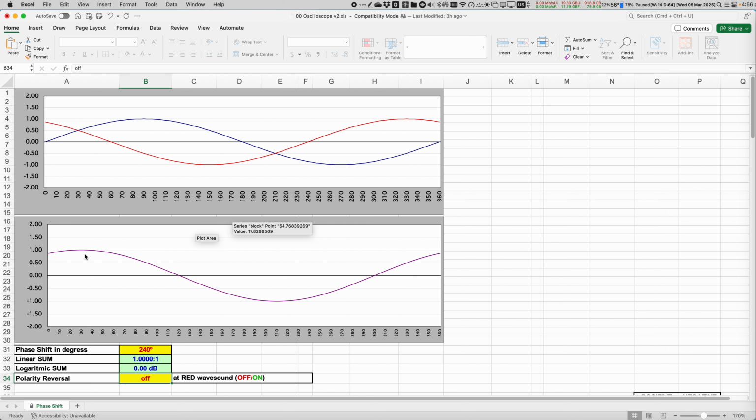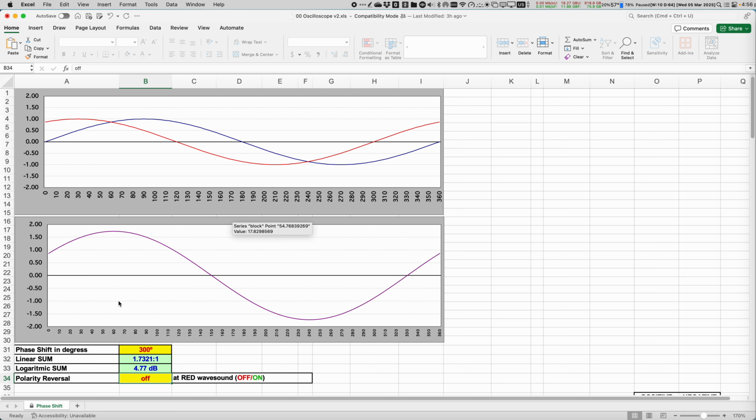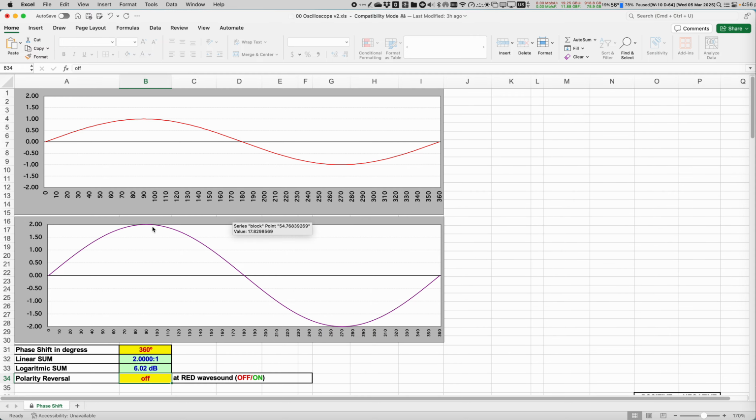So this means the level of the two sources together plays as only one signal. And if we go more than 240, let's say 300, you can see that now we are having more summation, like in this case 4.77, and when we reach 360, now we have maximum summation.